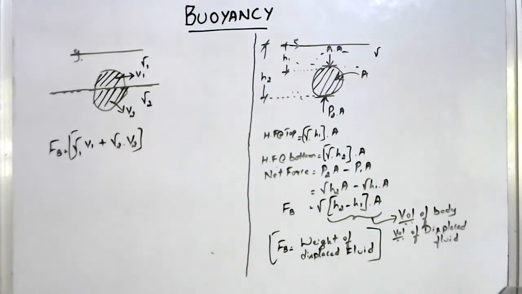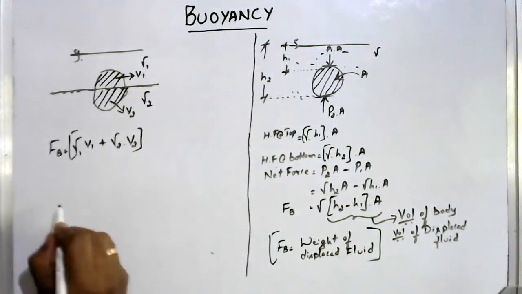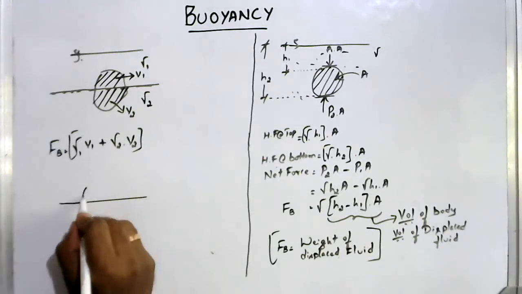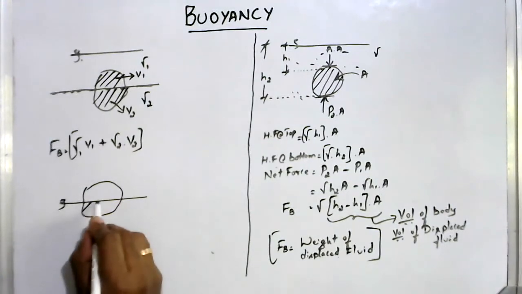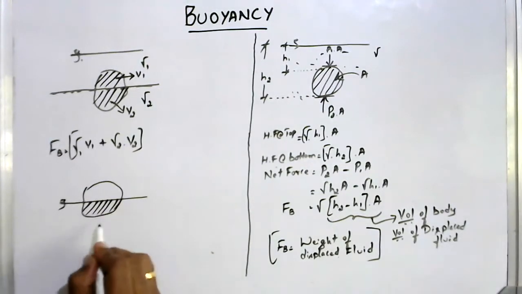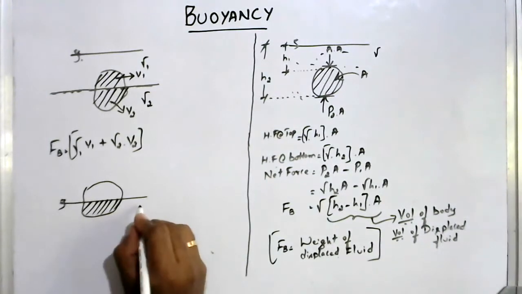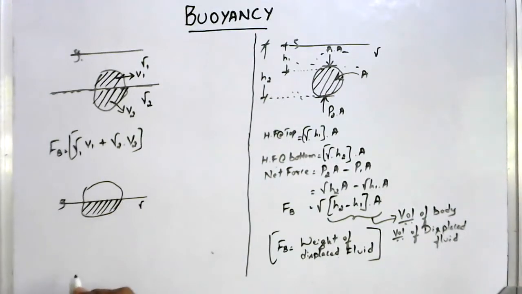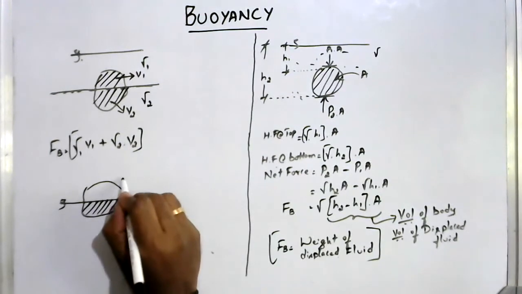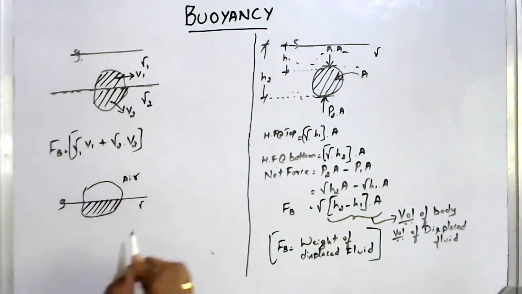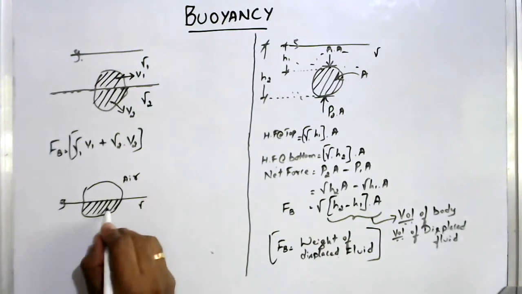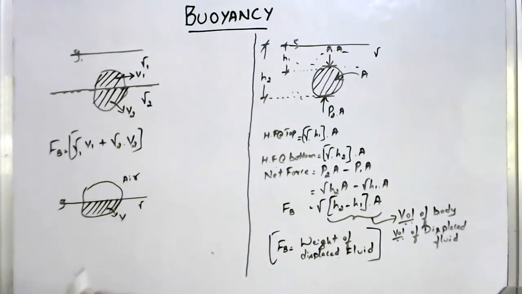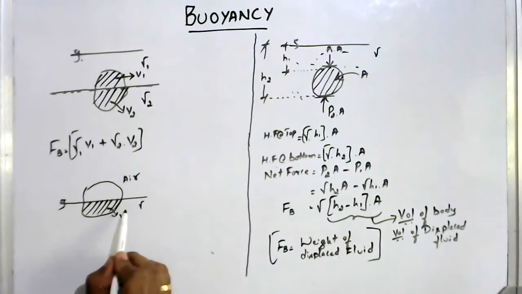In the same way, let me take the floating body. See, that is the partial immersion. This is the free surface of the fluid. So only this much of volume is immersed in the liquid of specific weight gamma, correct? Only a certain portion will be immersed in this fluid. I'll take this as the volume of the immersed portion of the body.